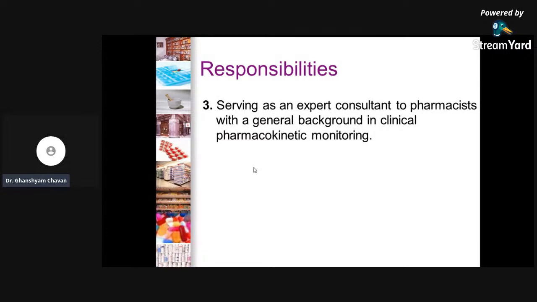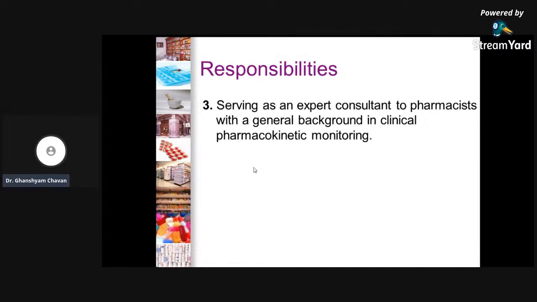Next responsibility is serving as an expert consultant to pharmacists with a general background in clinical pharmacokinetic monitoring. Yes, we can become experts to the pharmacists, to the community pharmacists who are working in the community, who are in touch with the general people. So we can share our experience, we can give them more knowledge regarding our clinical trial experience, we can educate them, we can make them expert in their work.